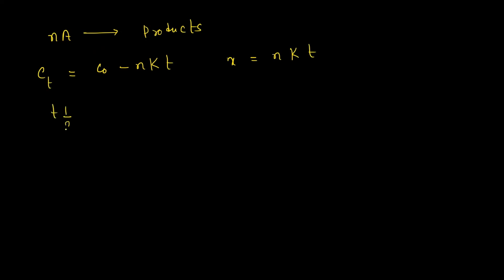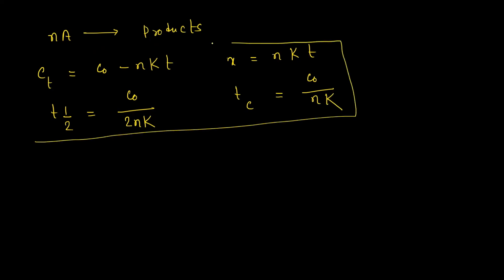Our half-life will be C naught divided by 2nK, and our completion time will be C naught upon nK. So we just need to remember this formula, then we can easily solve any kind of problems related to zero order reactions.